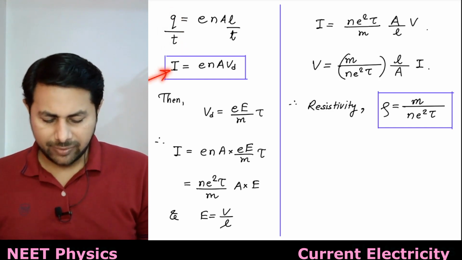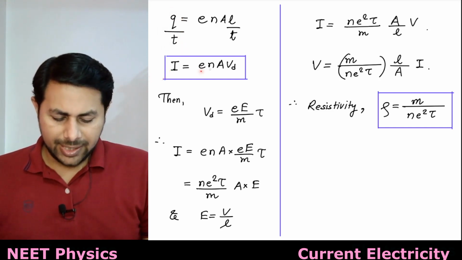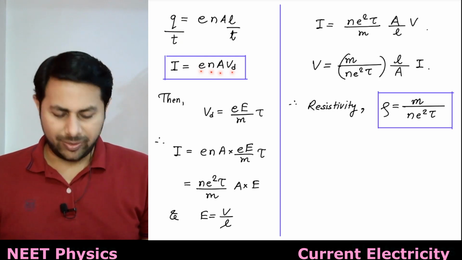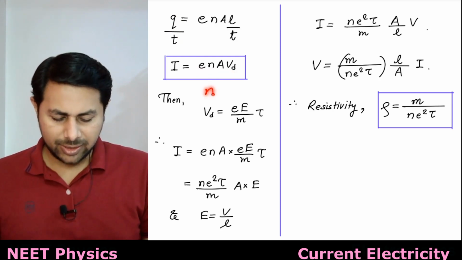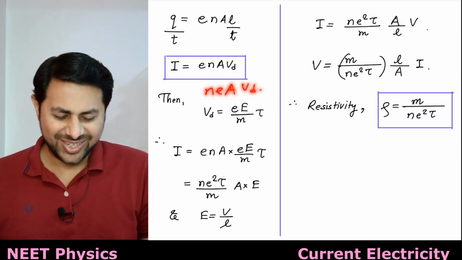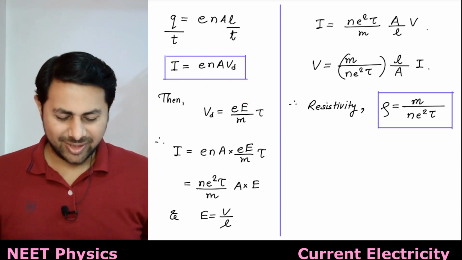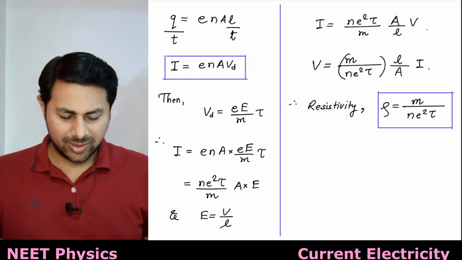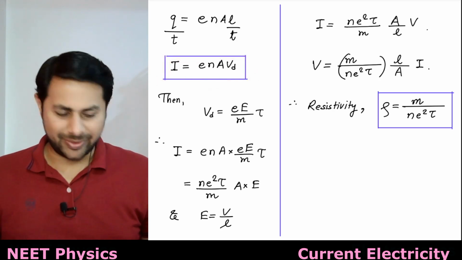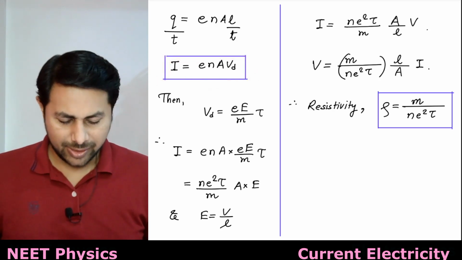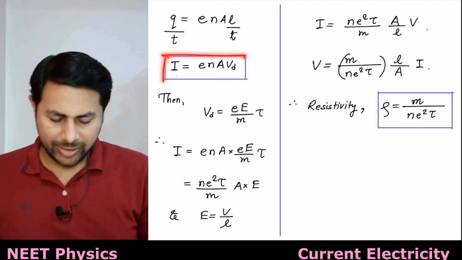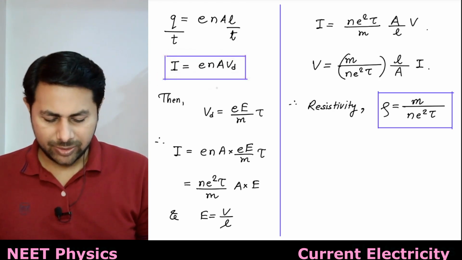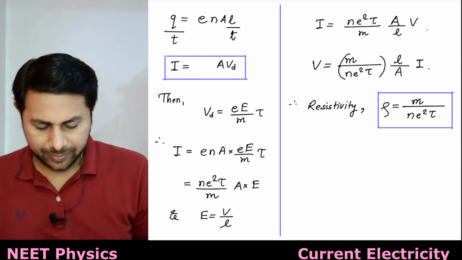So you get I is equal to n e A Vd, or I like to say it this way, neAVd. And this is the microscopic equation for Ohm's law. We'll understand how. We need to remember this relation, I is equal to neAVd.